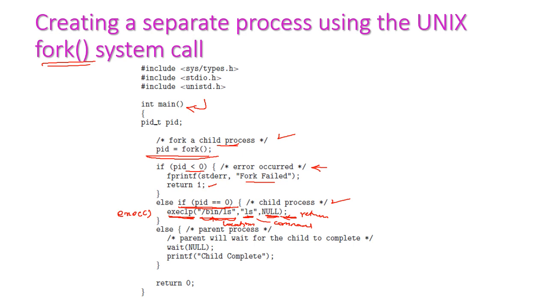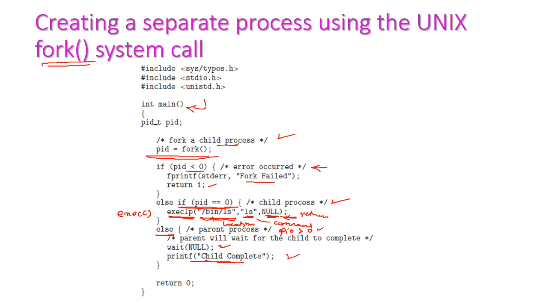And next, else: if the PID value is greater than 0, then that is the parent. So the parent should wait until the child process is completed. Then the print statement will give child completed.